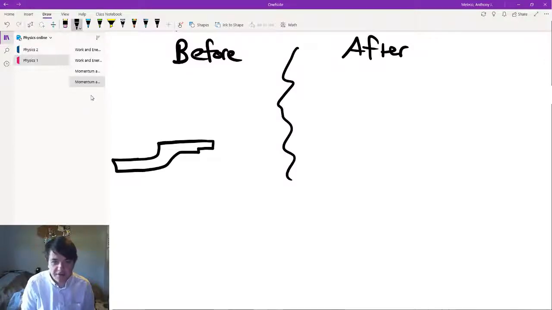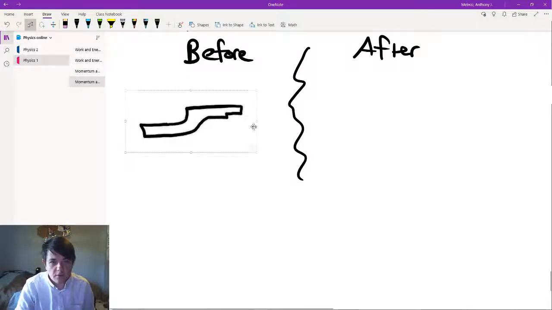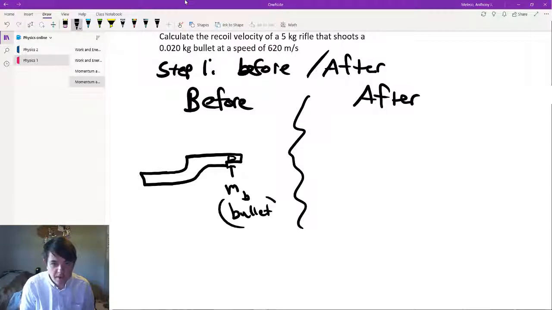That's kind of a rifle, I guess. That's our bullet, and we'll just call the mass of the bullet MB. This can be MR, the mass of the rifle.